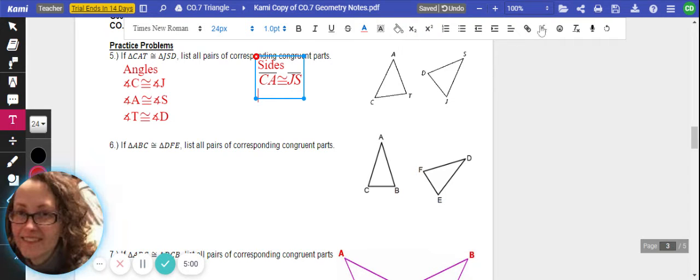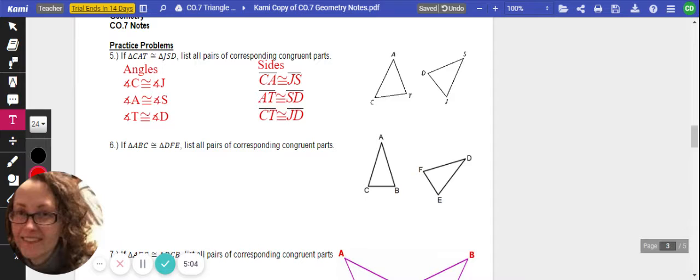And I'm going to keep going. And I get AT is congruent to SD, the last two letters here and the last two letters here. And then segment CT is congruent to segment JD. First and last, first and last.